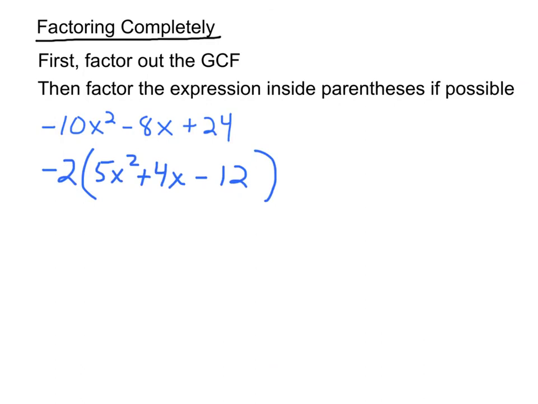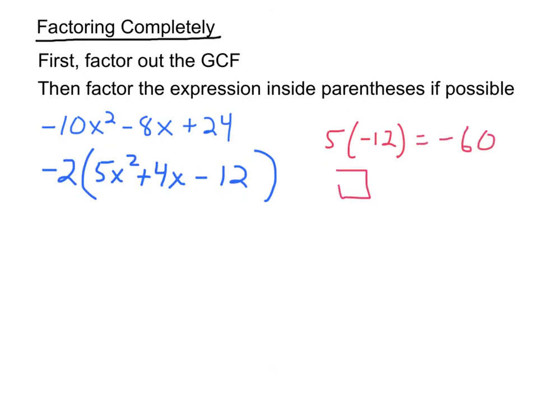Okay, now that we've done that, we have this trinomial inside the parentheses, and the leading coefficient is a 5. So we'll have to use our new process. So we'll multiply the 5 and the negative 12 together over on the side. So 5 times negative 12 comes out to be negative 60.